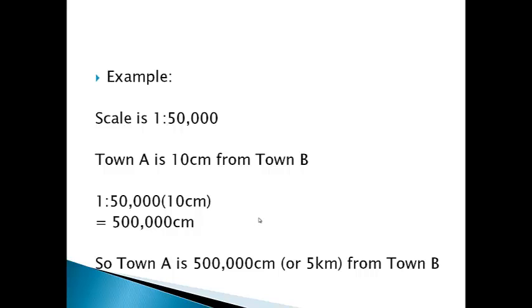So an example, if we were to say that our map scale is 1 to 50,000, again, we're saying 1 centimeter is the same as 50,000 centimeters on the Earth's surface.